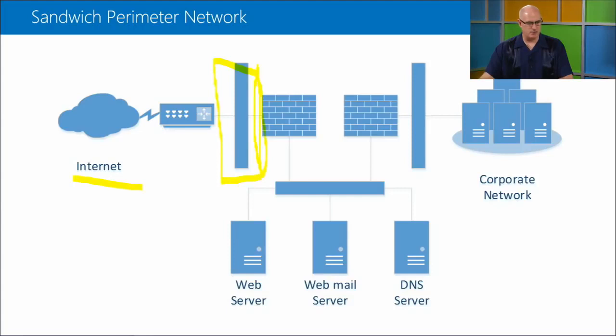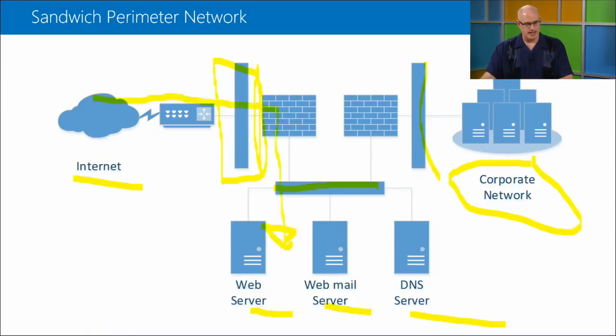Then we have a firewall here between the web server, the mail server, and DNS, and then a firewall here between the corporate network. So traffic is going to come in here, hit the firewall, be able to come over here and gain access here, and then these users can come over here and gain access to webmail, the server, whatever they need information from.